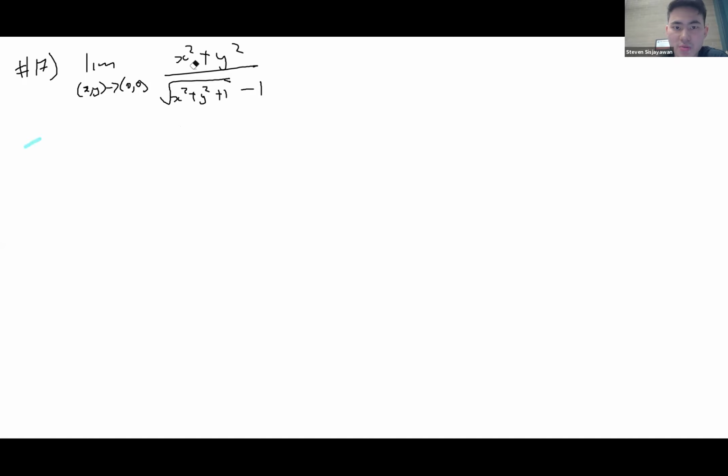Instead of checking paths, I can apply algebra tricks, because whenever I'm dealing with a radical, I want to get rid of it. So I can multiply by its conjugate in the denominator. I can multiply this by the square root of x squared plus y squared plus 1, and let's see if that helps out the question.